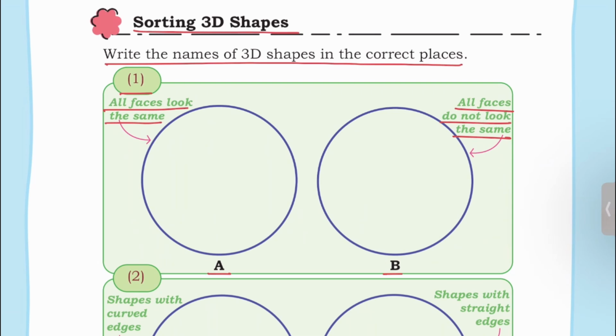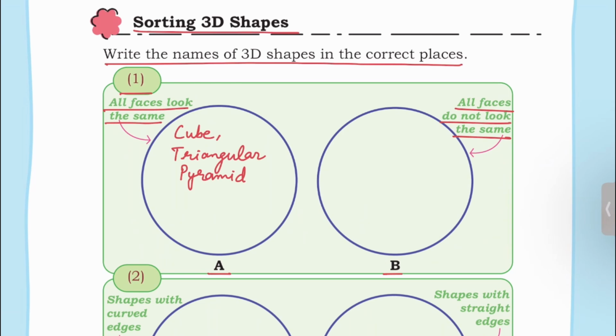In the first circle, you can fill cube and triangular pyramid. These two shapes have all the faces looking the same.